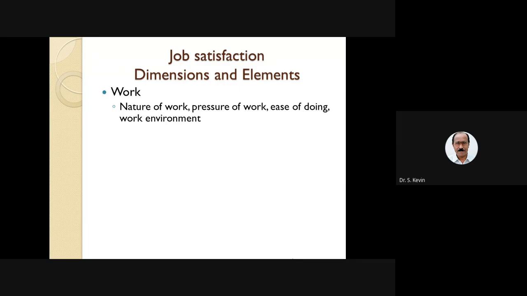So your job satisfaction is the satisfaction regarding work, the satisfaction regarding your salary, the monetary aspects, your satisfaction regarding your relationship with the superior. So many things are there, so many dimensions. We took one dimension, which is work. That again is subdivided into nature of work, pressure of work, etc.